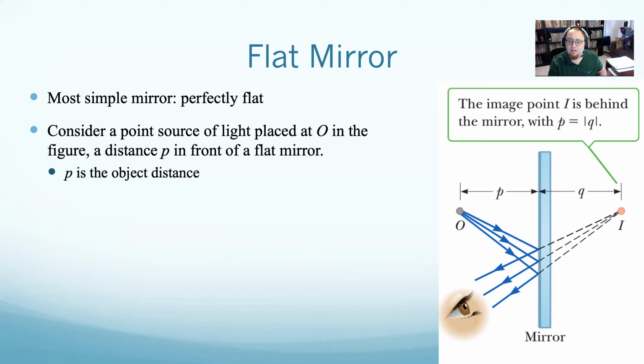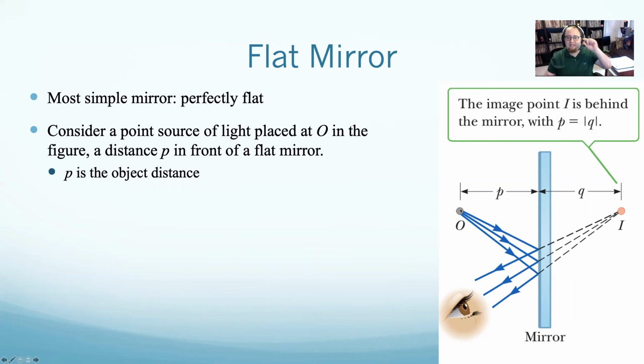I have no idea why it's P. Actually, I have a guess why it's P, but it's really just a guess. But P is the object distance, how far from the object to the mirror. And what happens when you look at something is light rays come from the object, they hit the mirror, and they bounce off the mirror, following the law of reflection. The angle of incidence equals the angle of reflection.